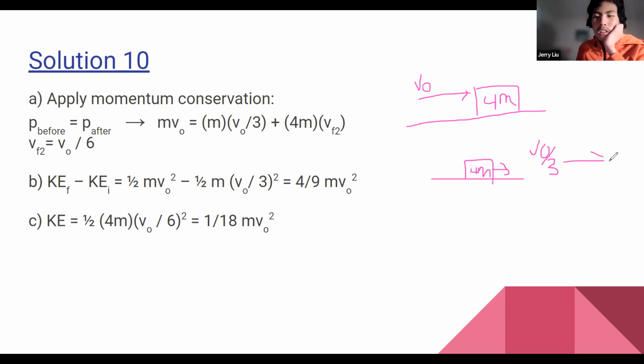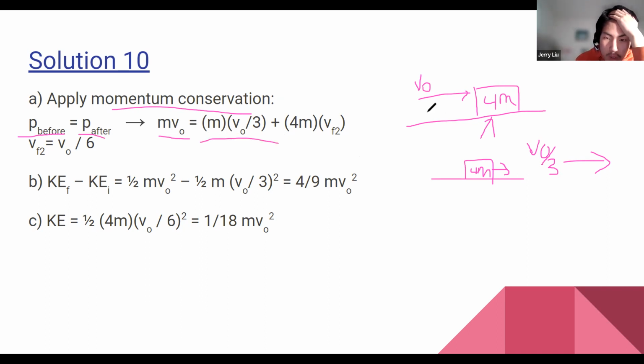Okay. So we know that momentum is conserved. That means the change in momentum of the bullet must have been the change in momentum for the block. Here you can set up your equations like this. P initial is P final. So mv0 is mv0/3 plus 4m times vf.